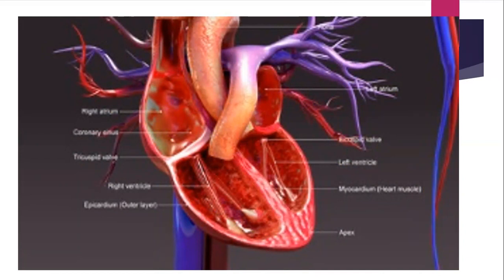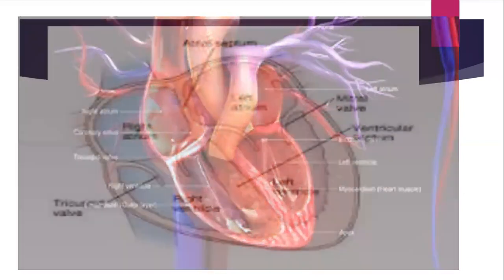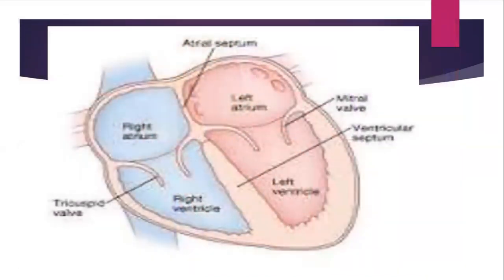You can see the lining of the blood vessels, all of them. And that is how it looks. You can see the right atrium, the right ventricle, the left ventricle, the mitral valve, the ventricular septum, the atrial septum, and also the tricuspid valve. All of them, you have to visualize them in a good way.